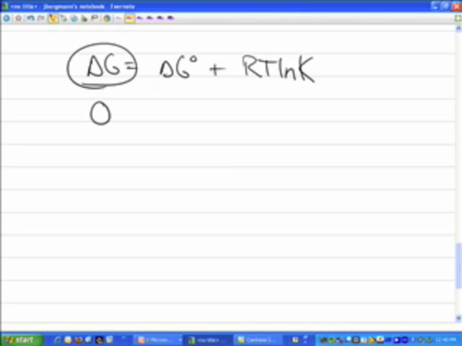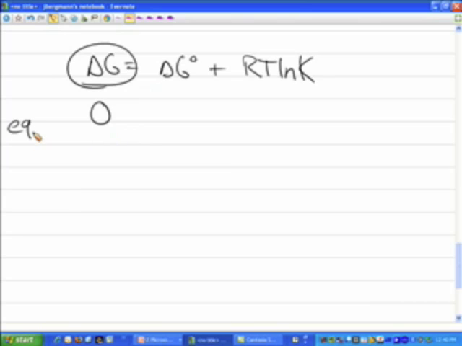I want you to add this somewhere. This is really the delta G equation. Delta G equals delta G naught plus RT, natural log of Q. What's true when delta G equals 0? We're at equilibrium.